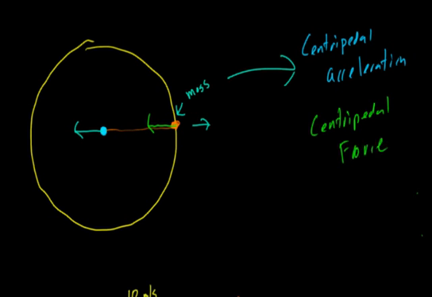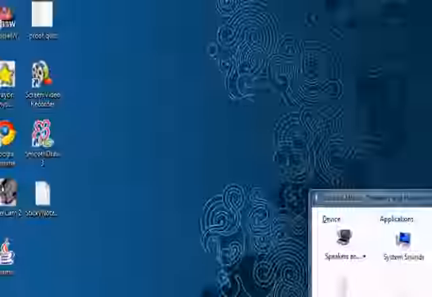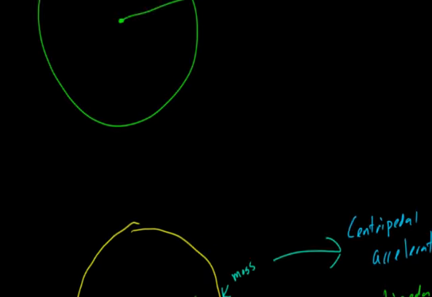Okay, so let me give you some formulas. Okay, for our situation where we got a circle and a guy and a thing, it turns out that the centripetal acceleration, I always want to say centrep, but it's centrip.